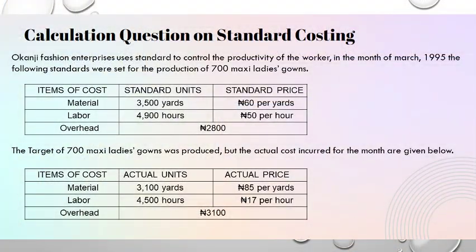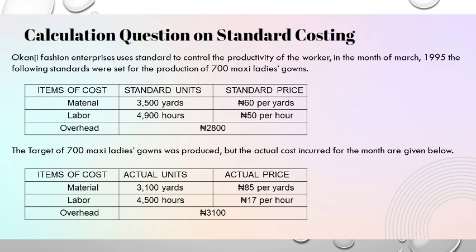So now let's take a look at this question. We see here that Okonjo Fashion Enterprise uses standard costing to control the productivity of the workers in the month of March 1995. The following standard was set for the production of 700 maxi ladies gown. We are seeing a table here which shows us the items of cost, the standard units, and the standard price.